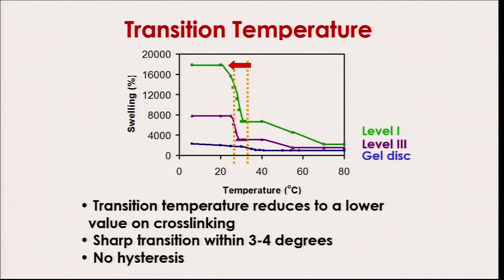When the degree of cross linking is more at level 3, the fiber swells to a lower degree, because now the structure has changed, it has higher cross linking. So, it has fewer hydrophilic groups present, and it also reduces the extent of swelling.